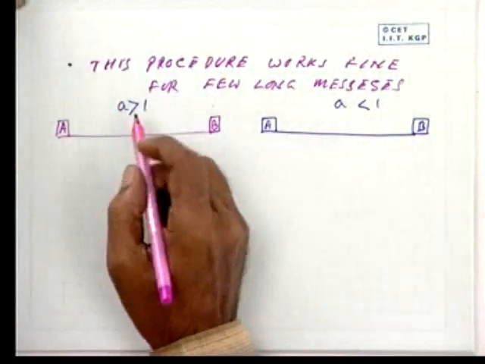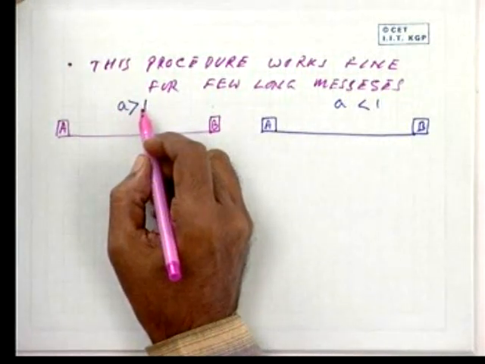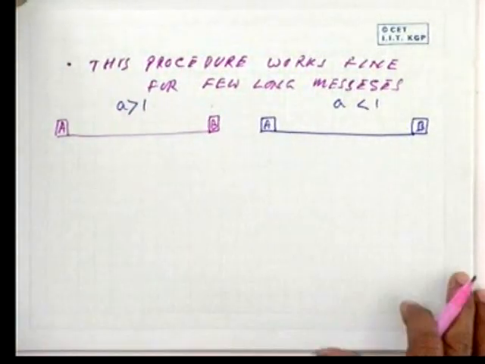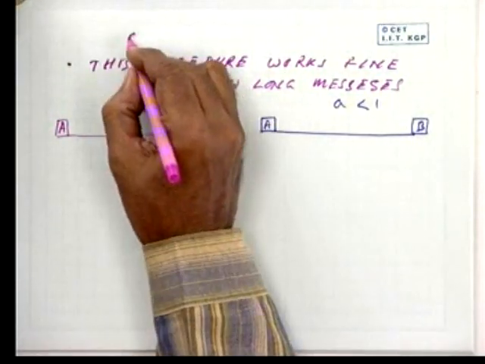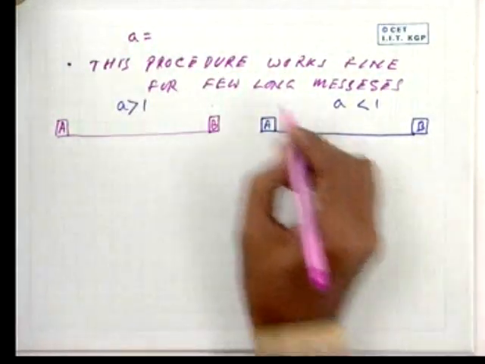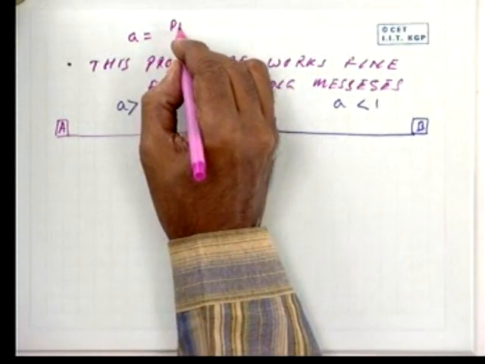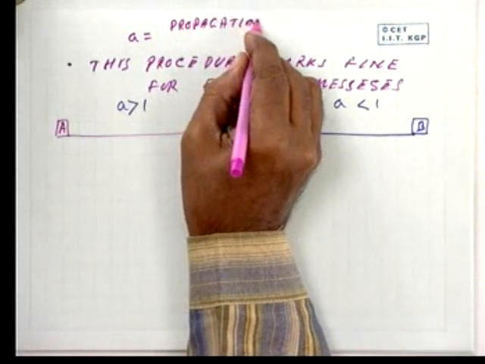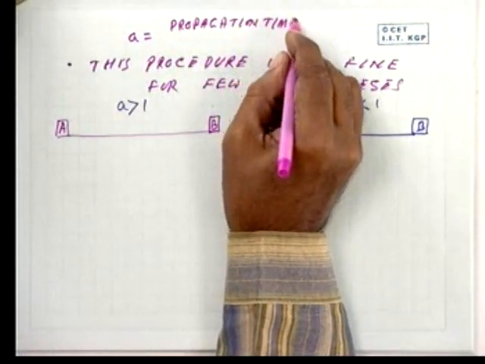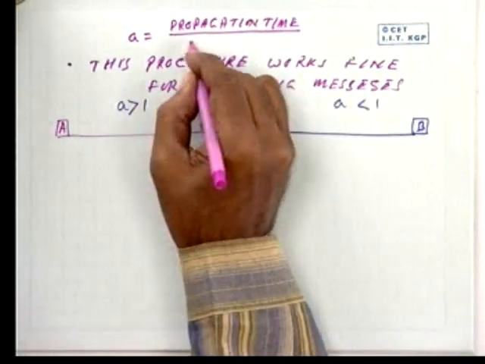Now when a is greater than 1, as you know, let me explain what a is once again. I have told it. a is equal to propagation time by transmission time.